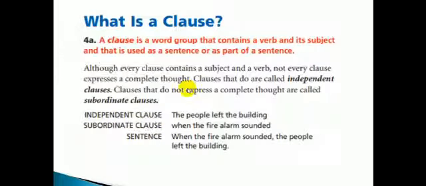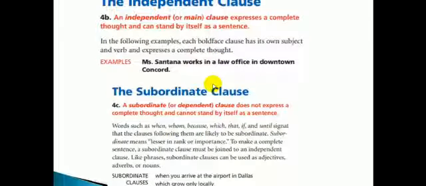Very well. Now we need to know what the kinds or types of clauses are. Let's go and see. The independent clause and the subordinate or dependent clause. The independent clause or main clause expresses a complete thought and can stand by itself as a sentence, and I told you that's why we call it independent.